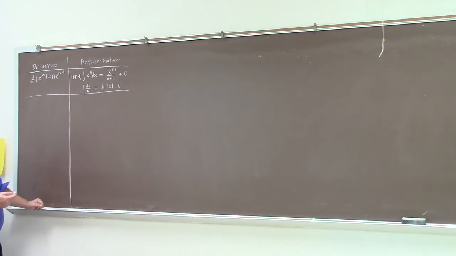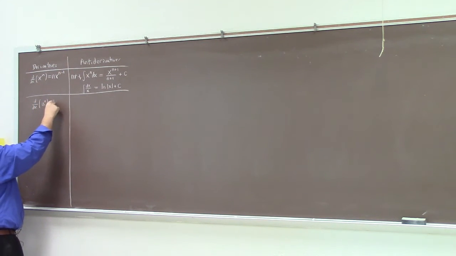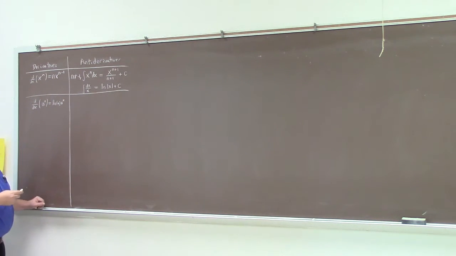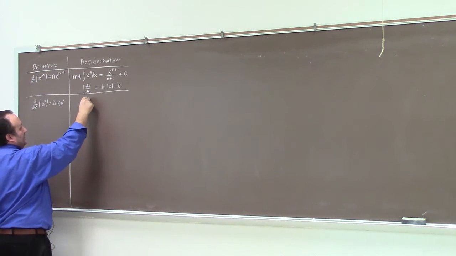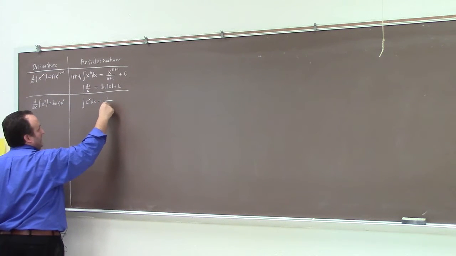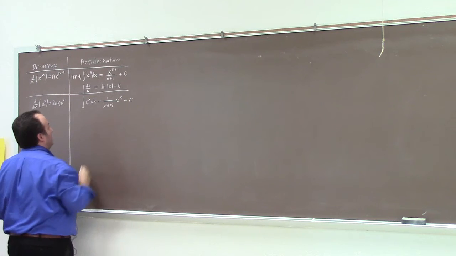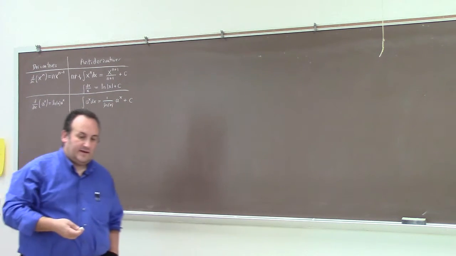Let's see here. The derivative with respect to x of a to the power x, we learned, is natural log of a times a to the x, right? So the corresponding integration rule is that the integral of a to the x dx is 1 over the natural log of a times a to the x plus a constant. The reason for the 1 over is, if we differentiate a to the x, what happens?